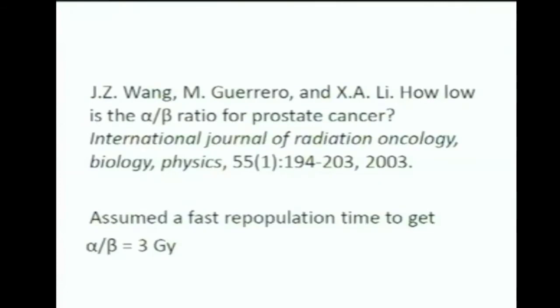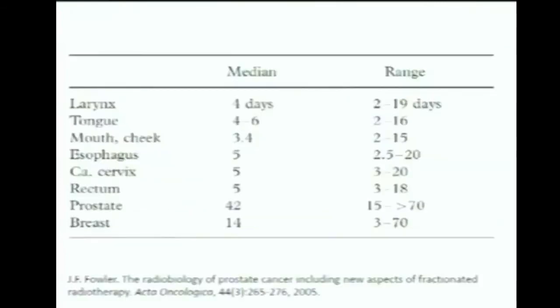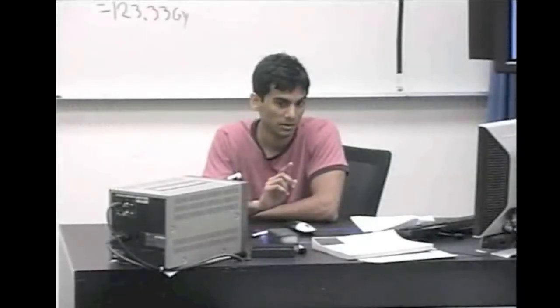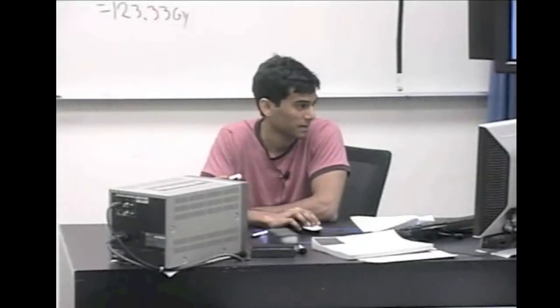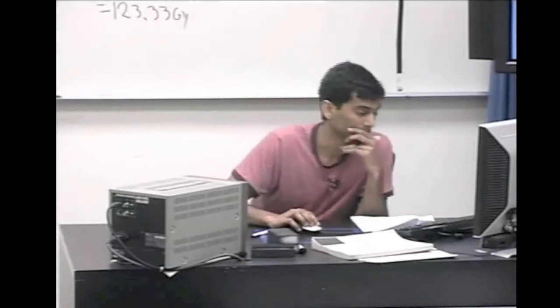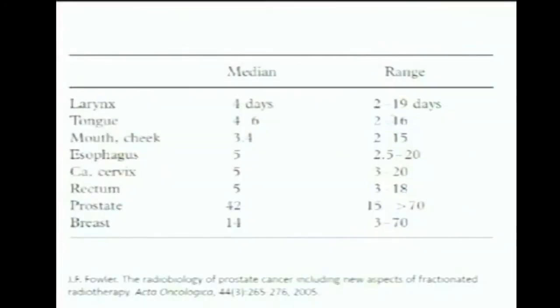But Jack Fowler responded to this paper, and he argues that you can't assume that the prostate tumor repopulates so quickly, because this number of 28 days or 1 month repopulation after tumor treatment begins is mostly valid for head and neck tumors. But you see here in this table that the prostate is a much more slowly growing tumor.